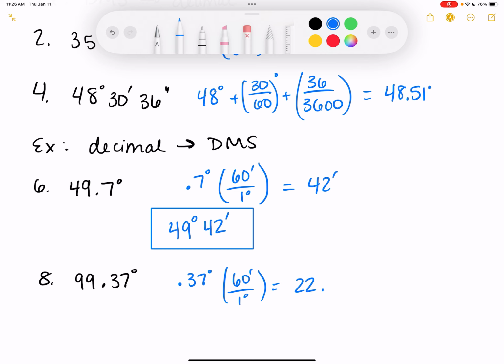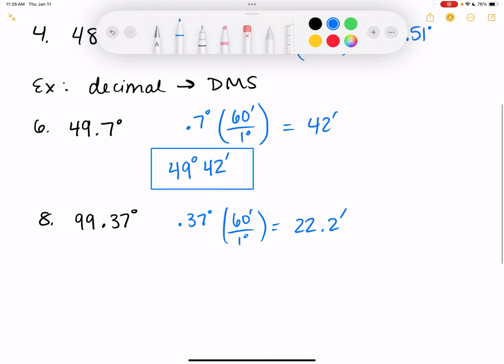So this is 22.2 minutes. So now, because I saw the decimal there, I can't have that. I'm going to take this 0.2 and multiply it, this is now minutes, by 60 seconds in 1 minute.